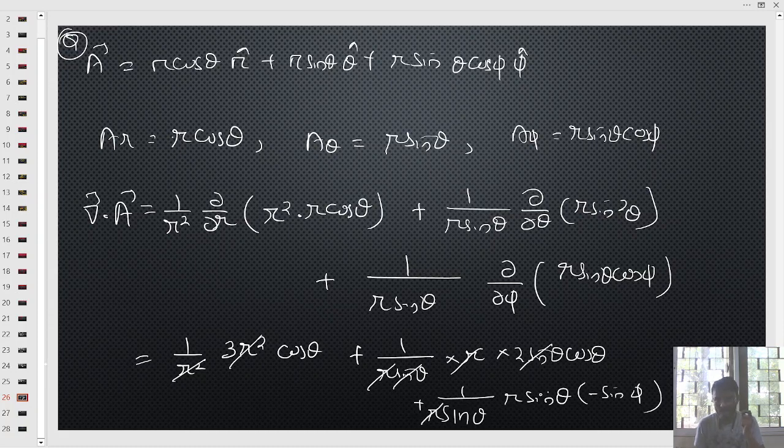In the third, r is cancelled, sin theta is cancelled, and you get only minus sin phi. So 3 cos theta plus 2 cos theta minus sin phi. So the final answer is 5 cos theta minus sin phi. This one is the divergence.